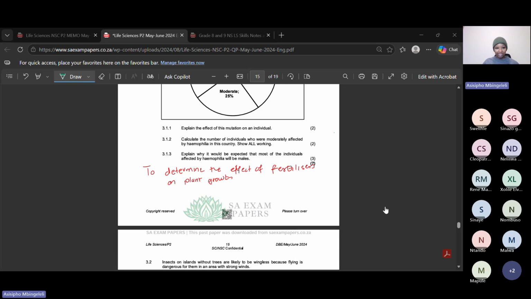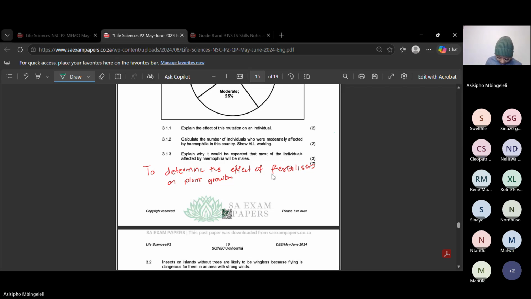Ma'am, yes. The fertilizer is a dependent variable, and then the plant growth is the independent. Okay. I'm going to read and explain it again, and then I'm going to ask you. Last time I said, the effect of what you want to investigate, that's your independent variable.